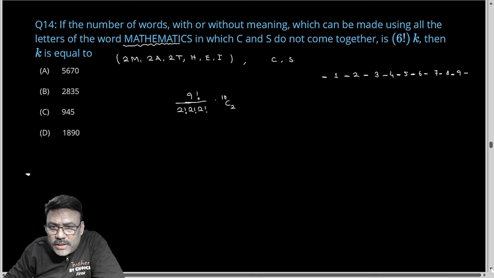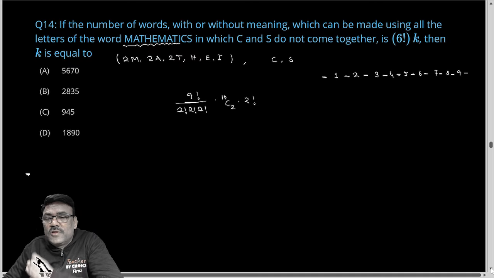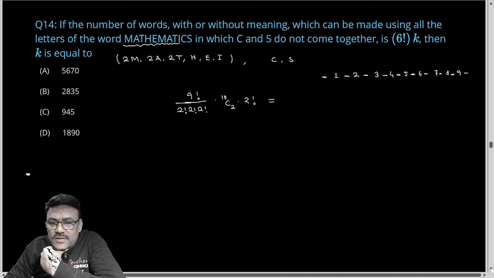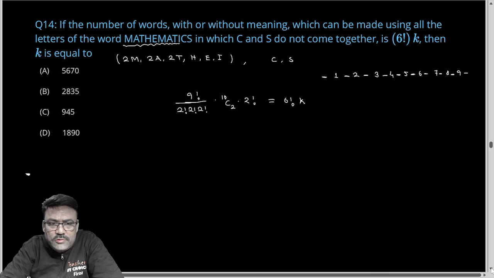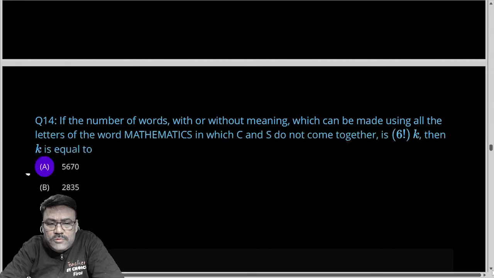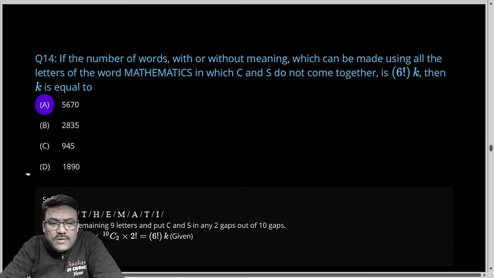And in these 2 gaps selected for C and S, I will arrange C and S in 2 factorial ways. So this is the number of arrangements when C and S are not together, and this is given as 6 factorial into k. Now just solve this equation, and you will get the value of k. When you solve this, your answer will be 5670.